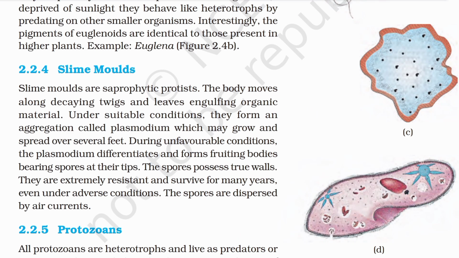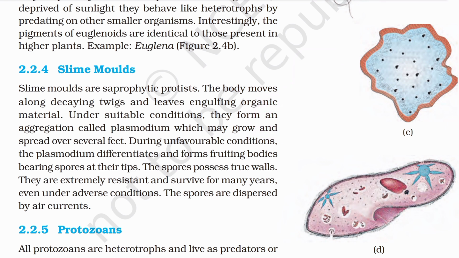Slime molds are saprophytic protists. The body moves along decaying twigs and leaves, engulfing organic material. Under suitable conditions, they form an aggregation called plasmodium, which may grow and spread over several feet.